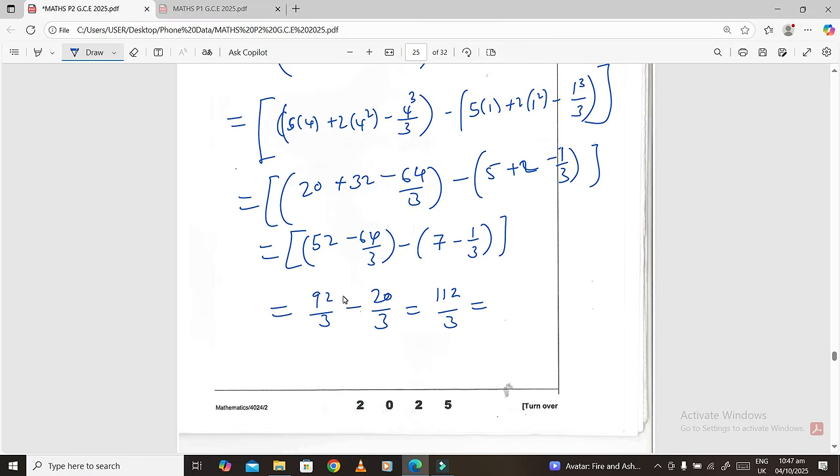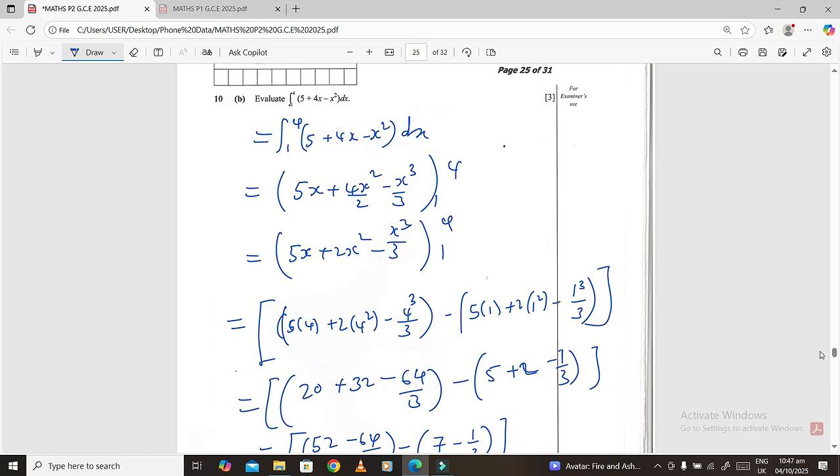It's not supposed to be like this. So let me see if there's anywhere where we've missed. Have we missed anywhere? Because here we're substituting 1, 1, 1, 1, 1. I think it's fine. Unless otherwise, I think it's fine.